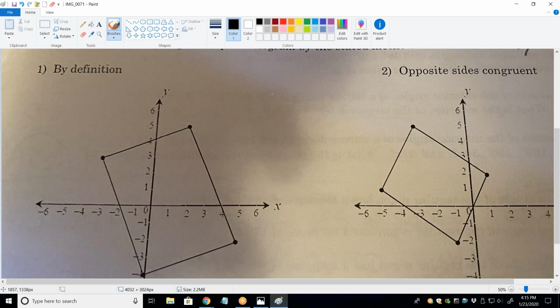Okay, what's the slope of the bottom, the opposite side? The opposite side of the top one, it is negative 4, 0. Rise over run. What's the rise? Wouldn't it be 0? You're going from minus 4 to minus 2.